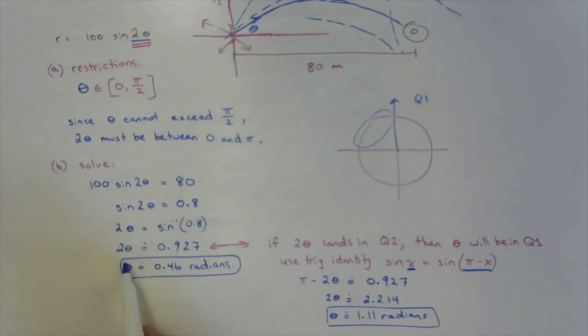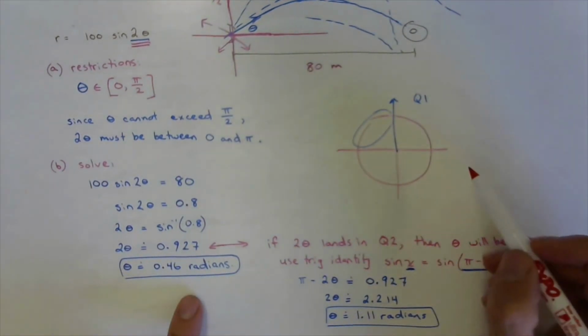So we can take that from here. In this case, 2 theta is our x, and then we solve from there. So here you can do this basically: pi minus something equals 0.927. That something is 2.214. Divide by 2 gets us our second angle.